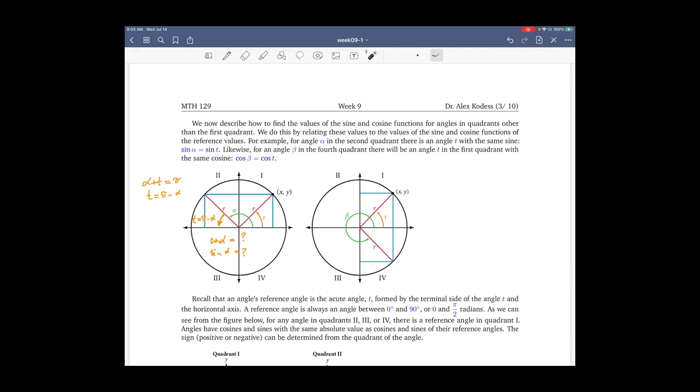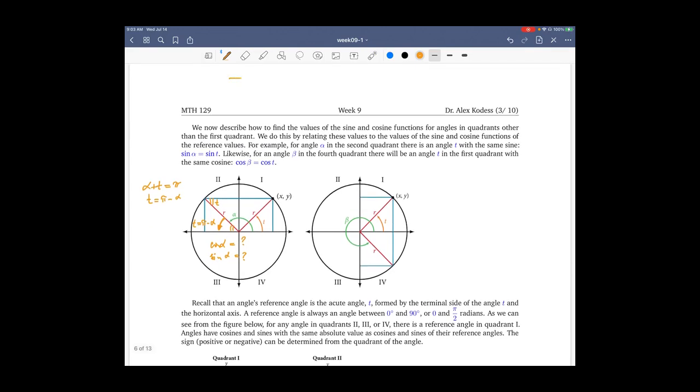Now, a little bit of geometry. This angle has the same measurement as this angle, so it's also t, because they are angles formed by crossing two parallel lines by a third line. If this angle is t, then this angle is also t. Now, this triangle is isosceles because these two sides are 1, and therefore this angle is also t.